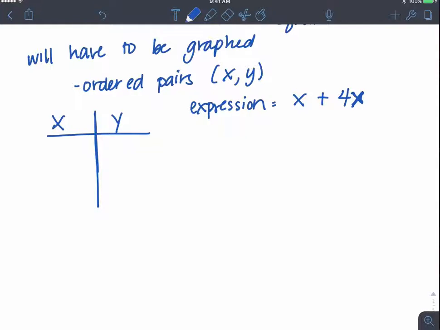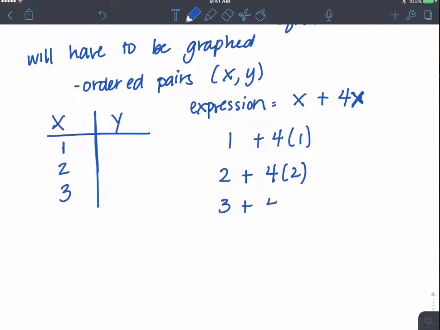Okay, so what I mean by that is if I were just to plug in, say, 1, 2, and 3 in our expression, I would write that as 1 plus 4 times 1, 2 plus 4 times 2, and 3 plus 4 times 3.